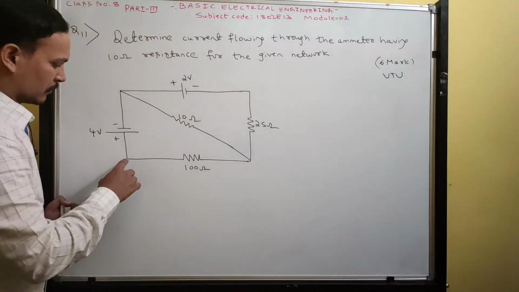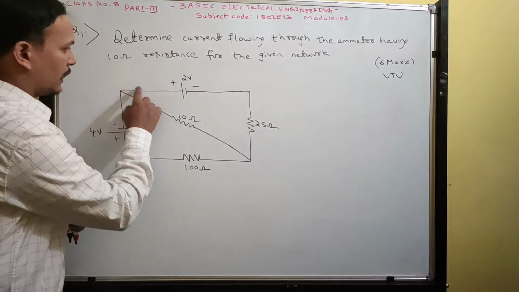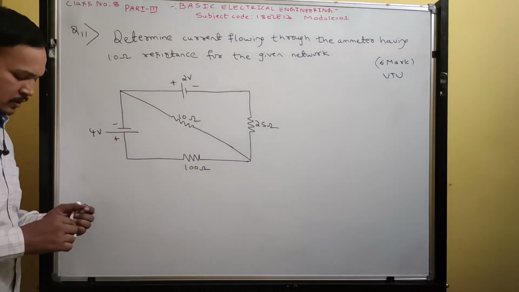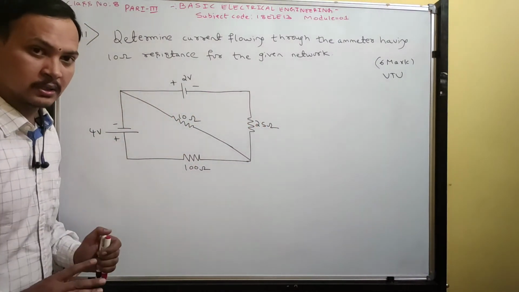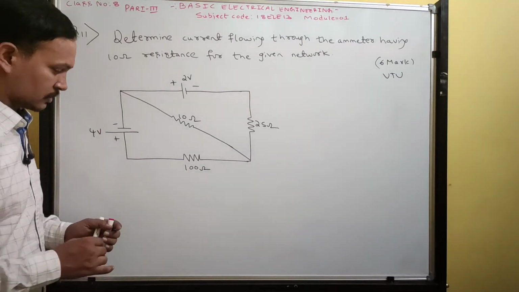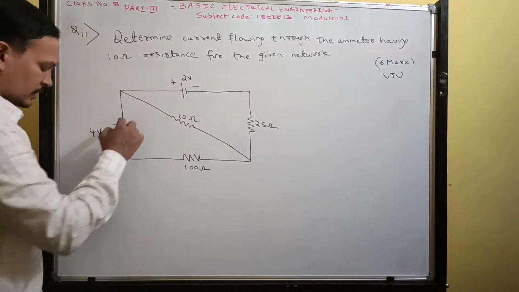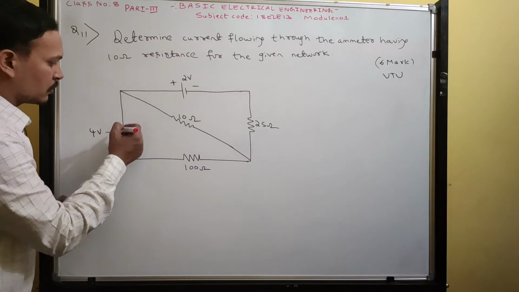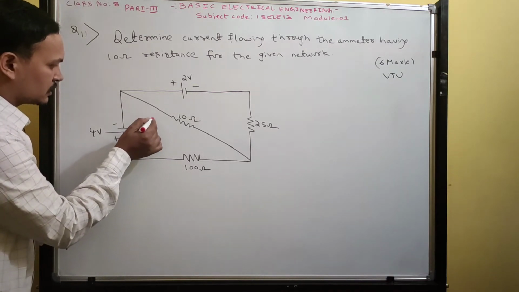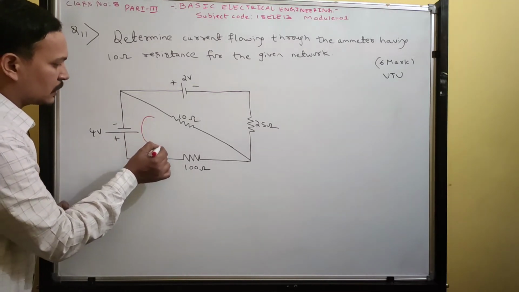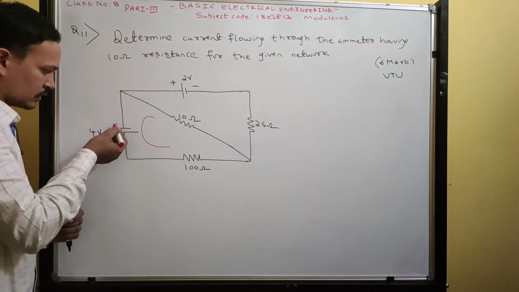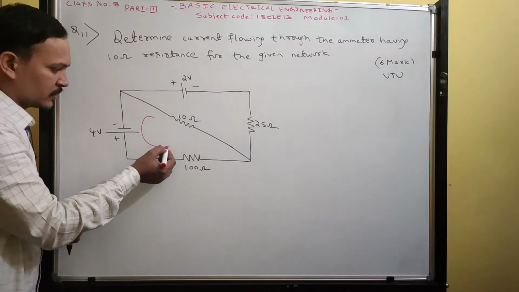There are two loops now. This is one loop and this will be another loop. Now, directions are also not given in the question. How to take the direction? In this loop there is a voltage source. If there is a voltage source, take the direction in such a way that the current is delivered by it. This voltage source drives the current.